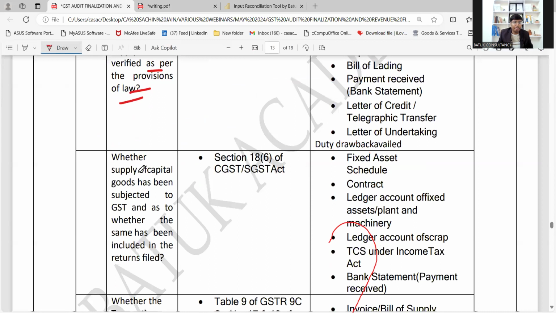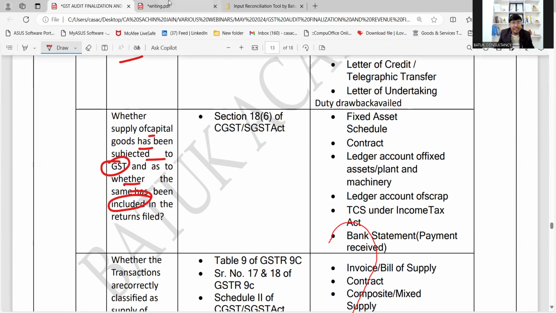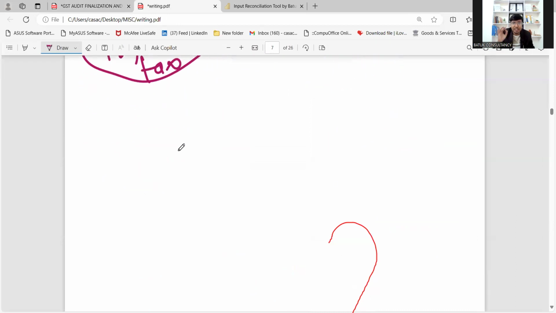Next, whether supply of capital goods has been subjected to GST and whether the same has been included while filing the GST return. We will discuss that also on the part of the balance sheet. So when you are checking the fixed assets chart, you just need to demand the fixed assets chart from the client as well.